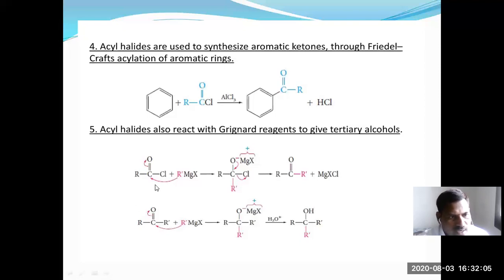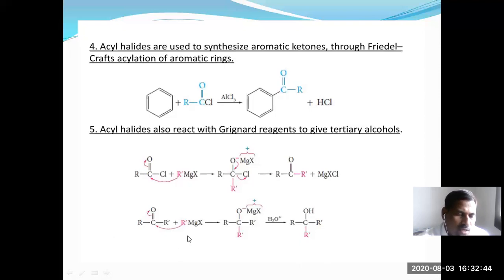Acid chlorides also react with the Grignard reagent. Acid halides react with the Grignard reagent, and you can get tertiary alcohols. First, one mole of Grignard reagent reacts with the acid chloride, and a ketone is formed.